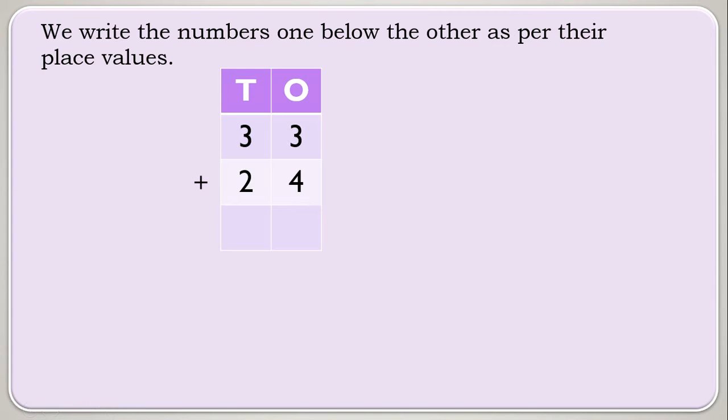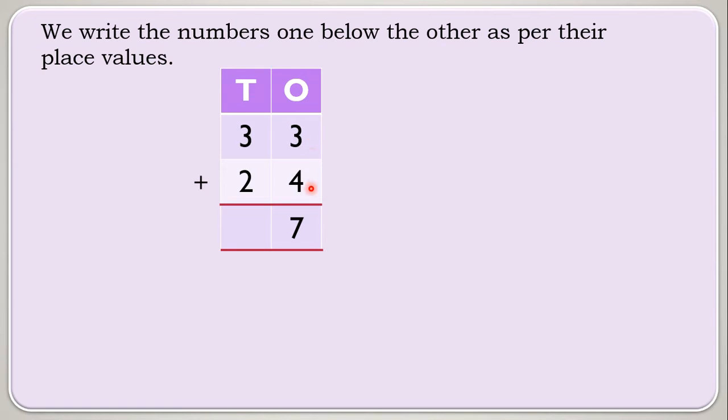Now let us add these numbers. Three plus 4 is 7. To add the numbers, either you may use your fingers or you can draw standing lines or vertical lines to add these numbers.